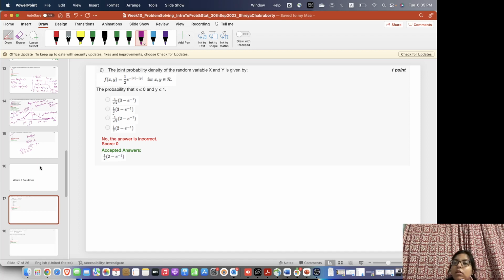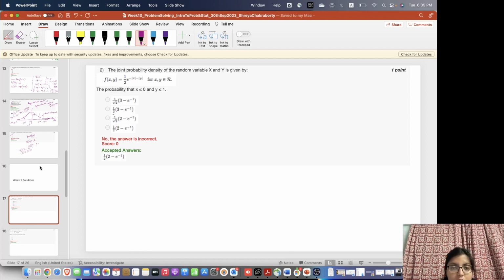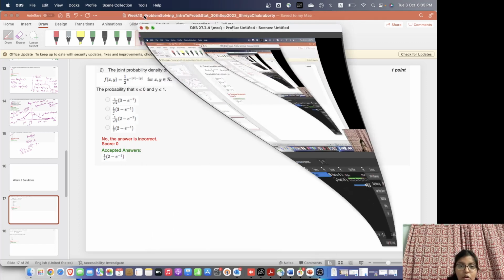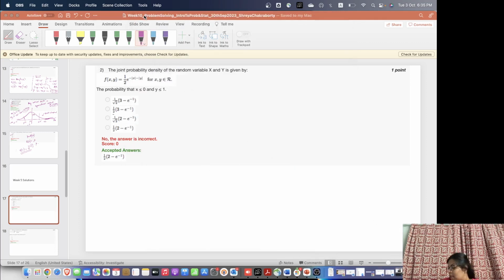So here we have been given a joint probability density of the random variables x and y, given by this functional form of the PDF. We want the probability that x is less than or equal to 0 and y is less than or equal to 1.